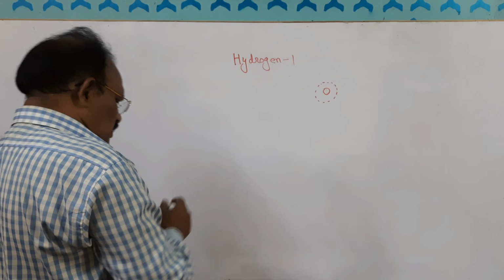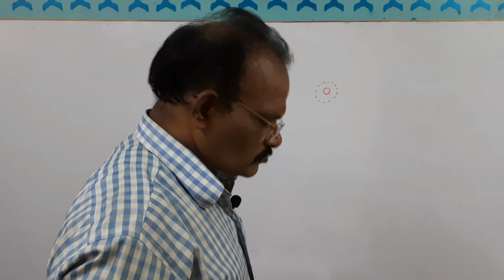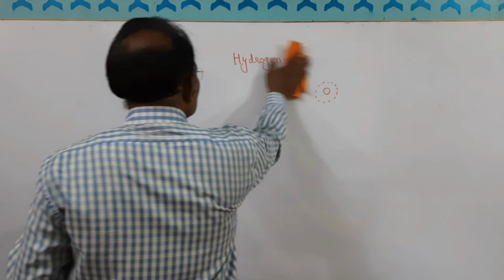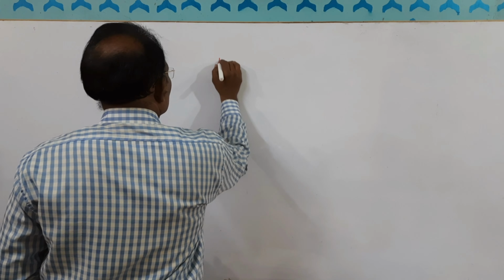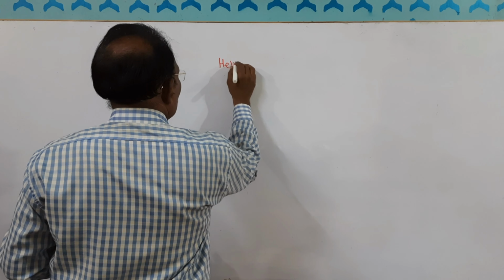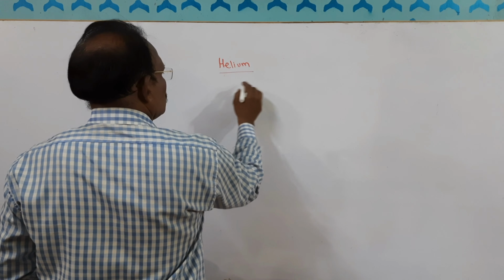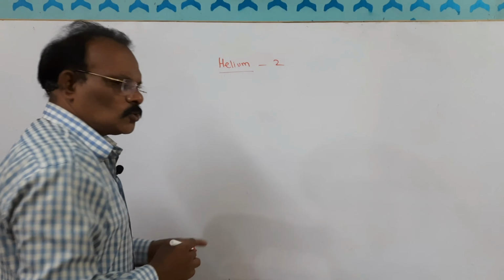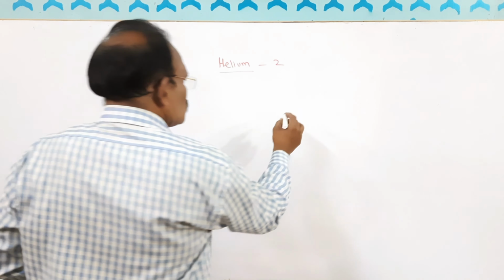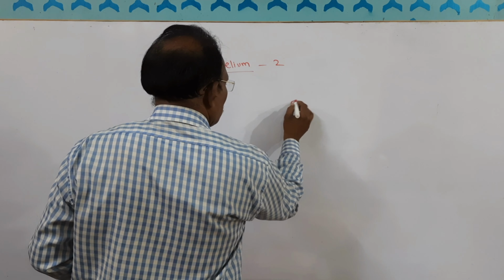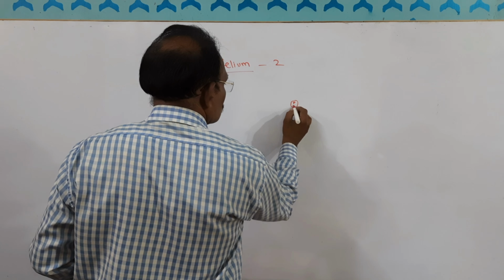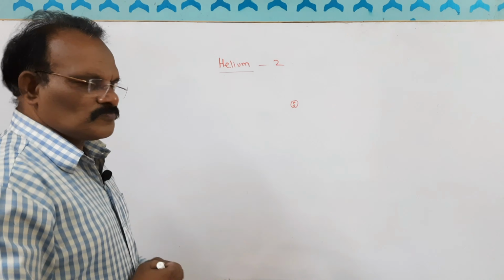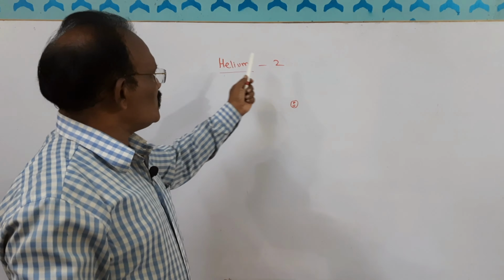Now, if I take helium, the atomic number of helium is 2. Here is the center part of the atom, which is the nucleus, containing protons and neutrons. How many protons? The atomic number of helium is 2.